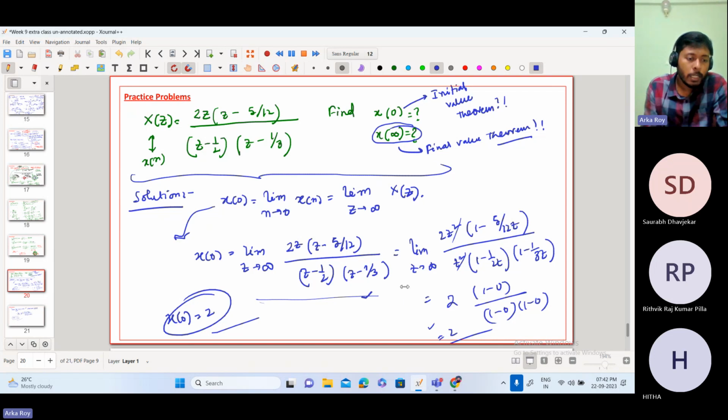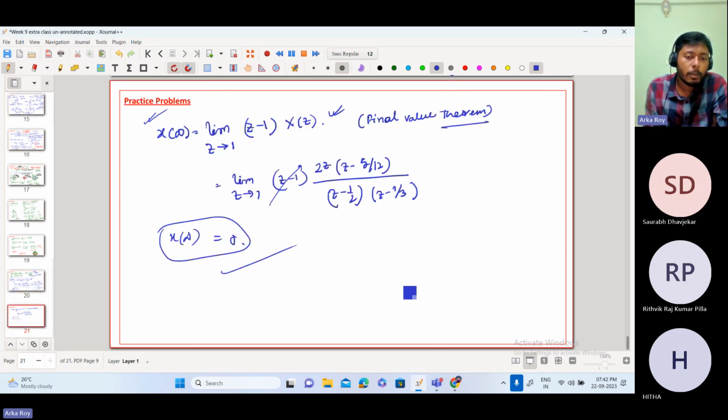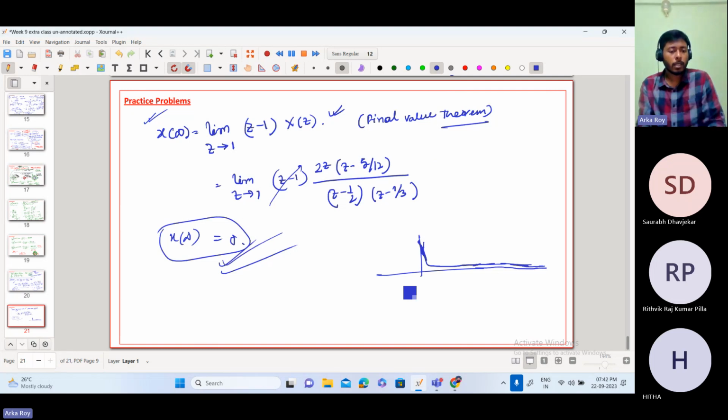So that is called an asymptotic approximation. At the input, it may have some value, but when it goes to infinite, it reaches some value very close to 0. That is what we have achieved over here also.